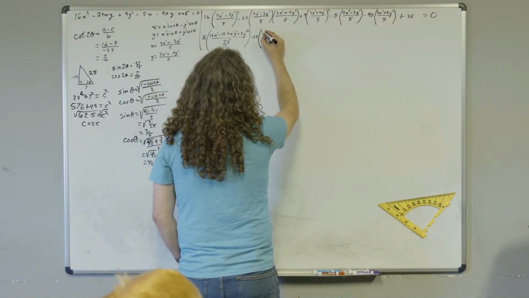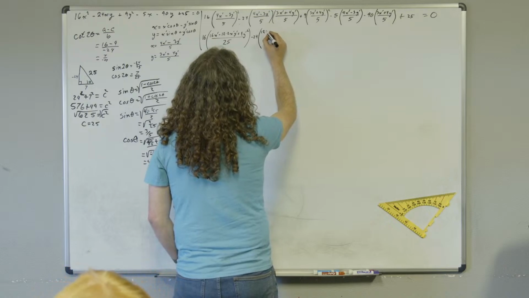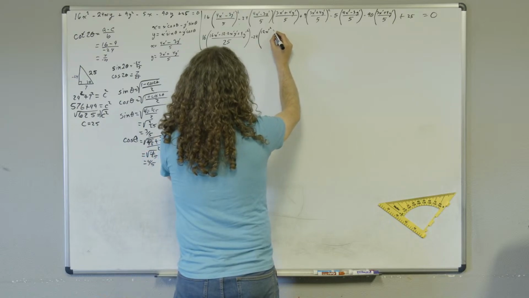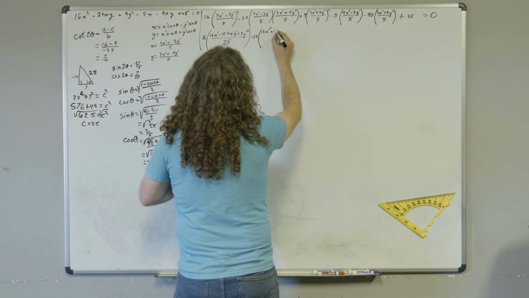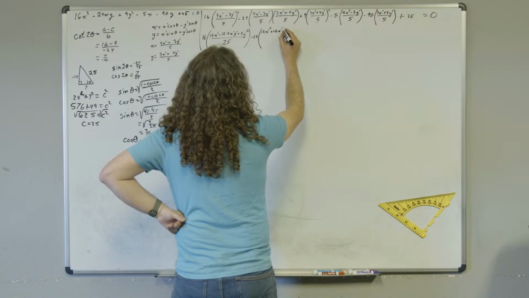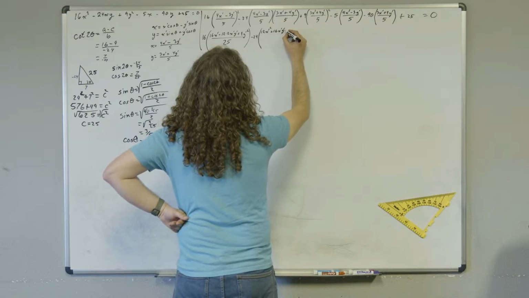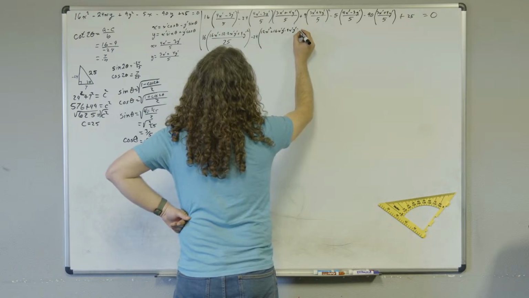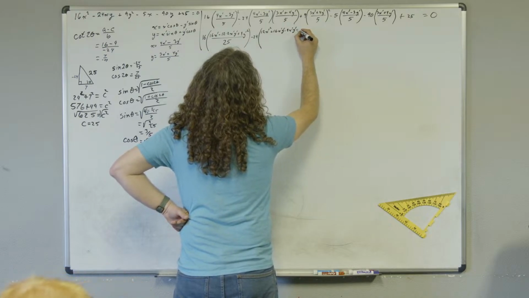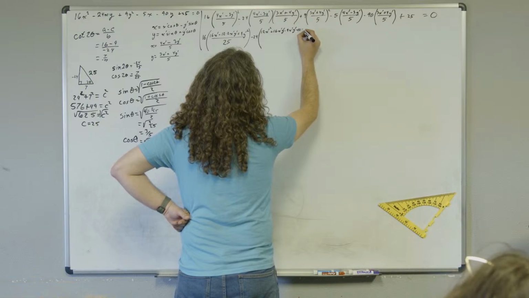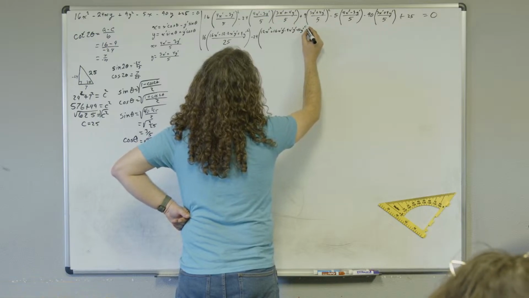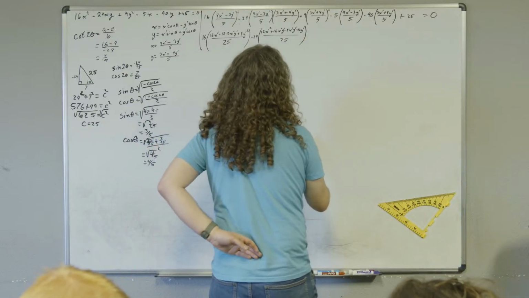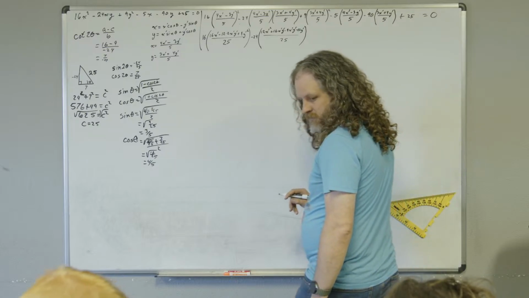So 12x prime squared plus 16x prime y prime minus 9x prime y prime minus 12y prime squared over 25. I'm so hot. I'm just doing the math.